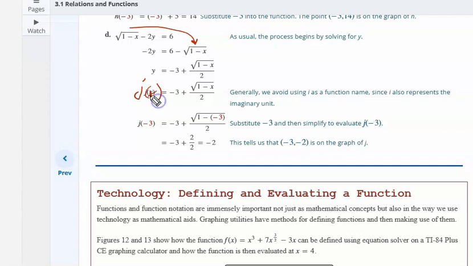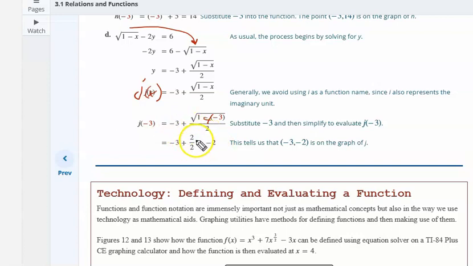of x. Now, they're saying our x value is a negative 3. So wherever there's an x, we're going to put a negative 3 in there. This becomes a positive 4, which is 2. And this is a negative 3.